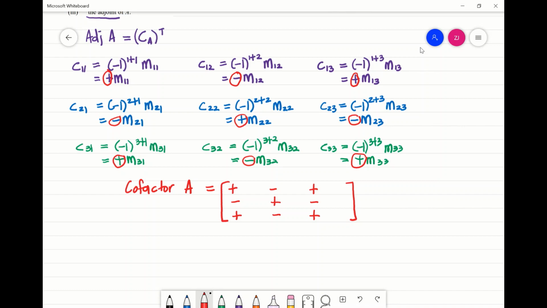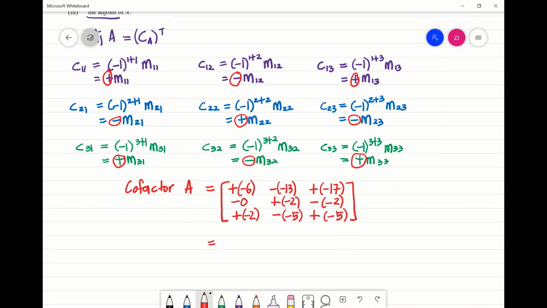So we will have positive of negative 6, and then negative 13, and then negative 17, then 0, negative 2, negative 2, negative 2 here, negative 5, and negative 5.